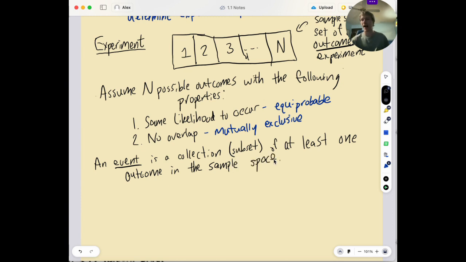Imagine that you want the probability of event A, and event A consists of either outcome number 1, 2, 5, or 7, and there are 10 possible outcomes. As long as at least one of those outcomes is selected, that is an event.